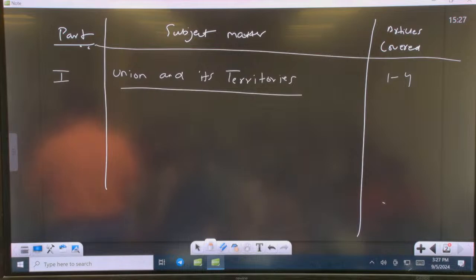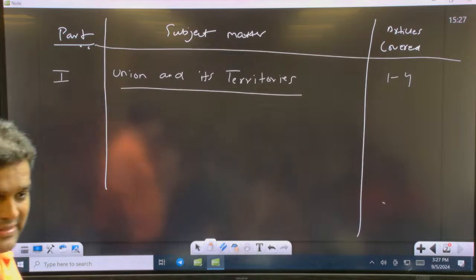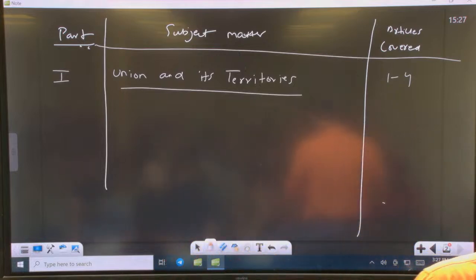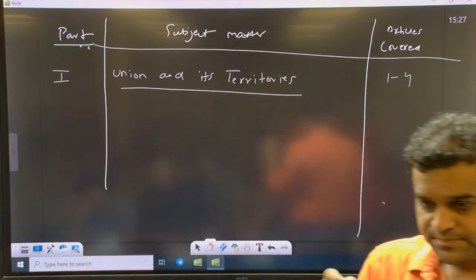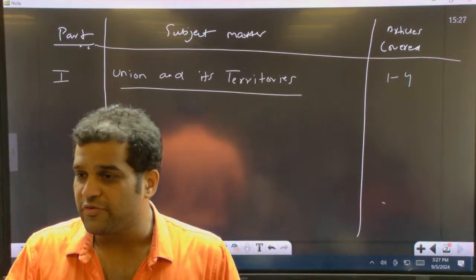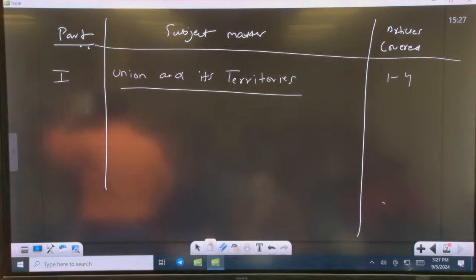Now tell me, is the territory of any country fixed? Yes or no? How many of you are saying yes, it is fixed forever? How many of you are saying no?